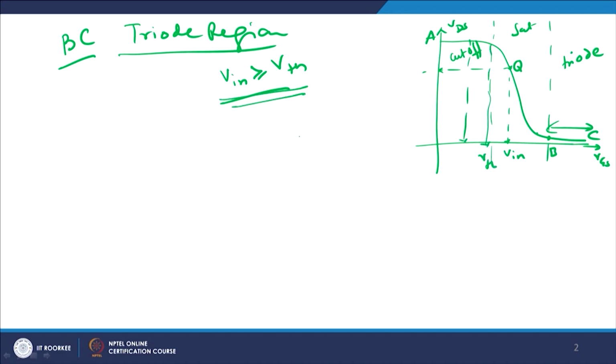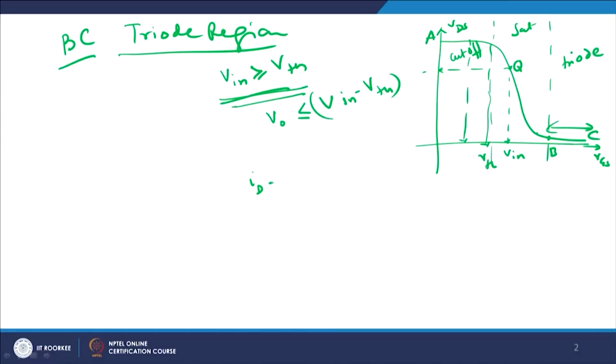But what has happened is that your V out has fallen below V in minus VTH, and that is quite critical. The condition for saturation was VDS greater than or equal to VGS minus VTH, but once your V out falls below V in minus VTH, the condition for saturation will not be applicable.